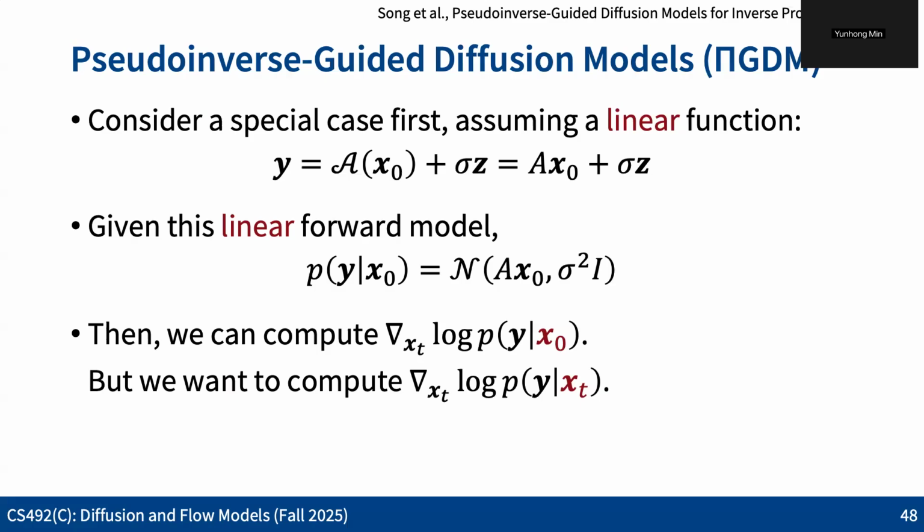But based on this information, the only thing we can do is compute this score function conditioned on the clean data point x0. But this is actually the score that we want to get: the score for y conditioned on the intermediate data point xt.